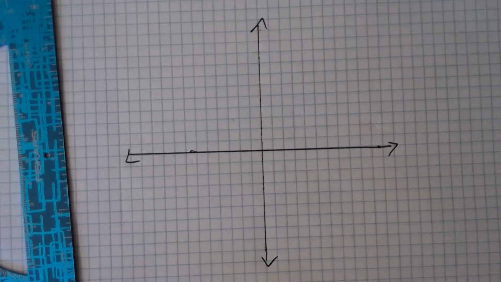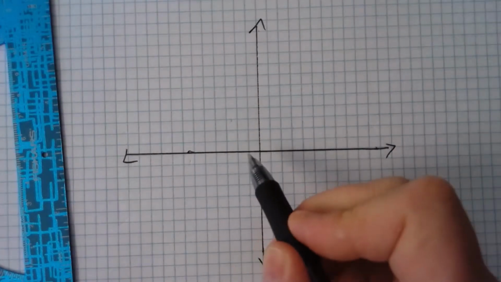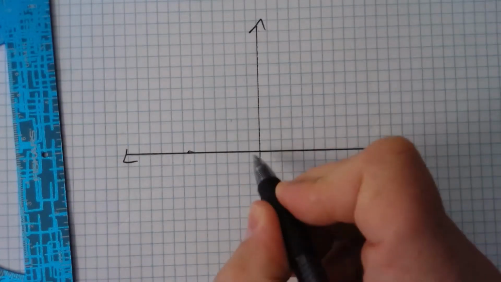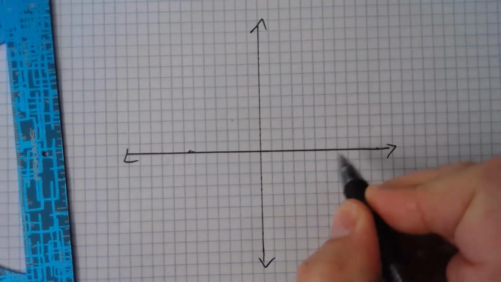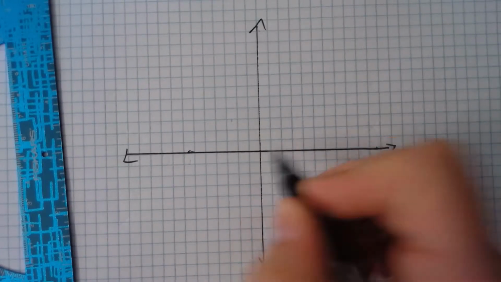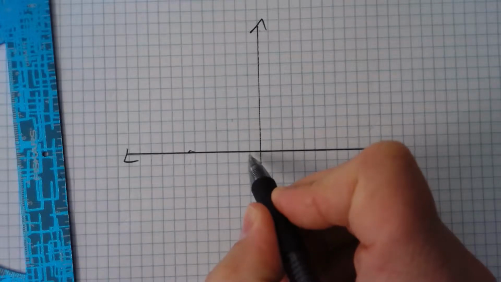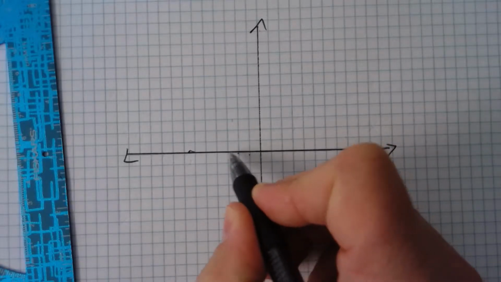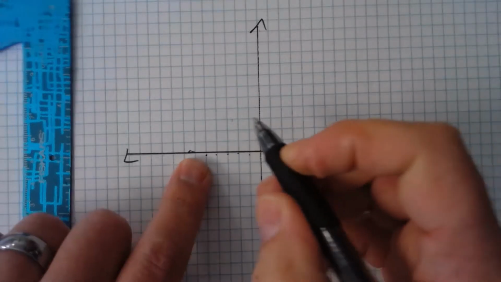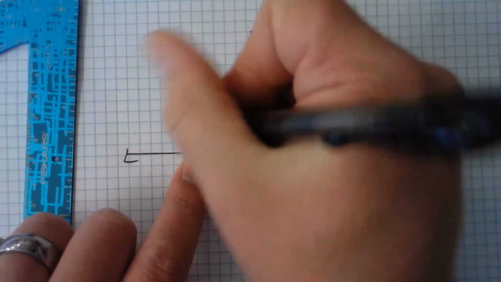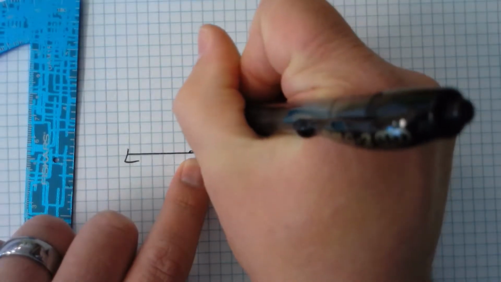So I'm actually going to do one of these examples here. So if I've got a point, negative 5, 3. Okay, so remember this is the negative direction, this is the positive direction. Here's my origin, so we're going to go to the left, negative 5, 1, 2, 3, 4, 5, and then we're going to go up on the y-axis 3. So 1, 2, 3.